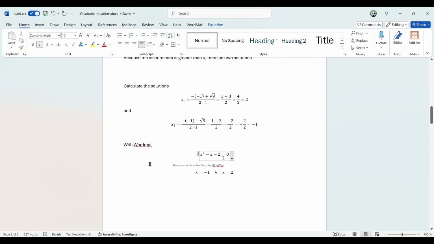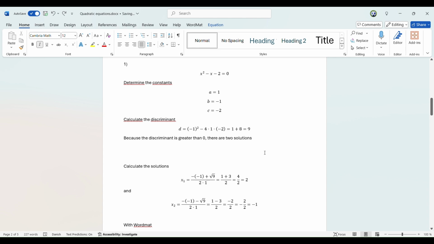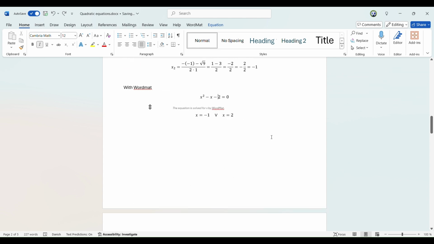We just take the equation and then we press the Alt button plus L, or the Option button on a Mac plus L, and it asks us if we want to solve this equation and solve for x. Yes, we want to, and then we get these two solutions, x equals -1 or x equals 2. And that is the same result as we got up here. So we've got two solutions or two roots to our quadratic equation up here.